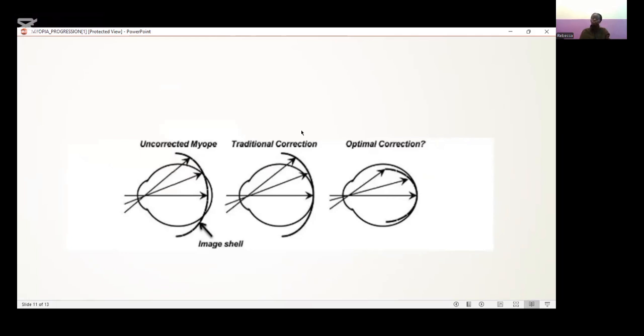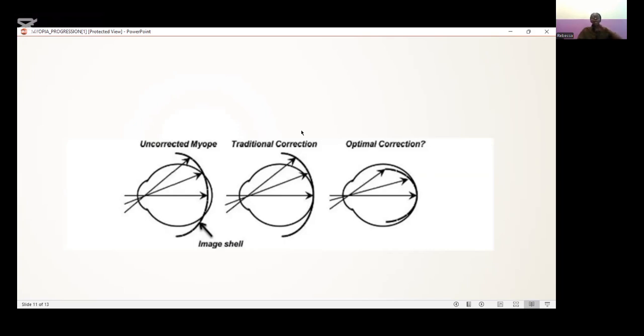So for the optimal correction, you will notice that of all the three arrows, none is falling outside the retina. So none is signaling need for more growth of the eyeball, none is signaling for an increase in axial length. And therefore, if this happens, we will have controlled myopia progression.